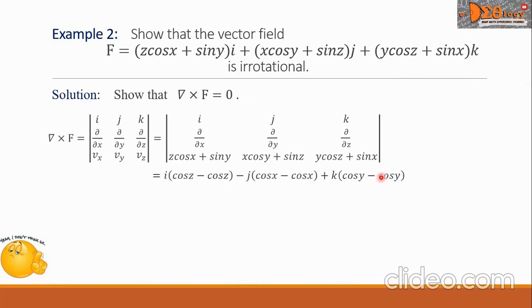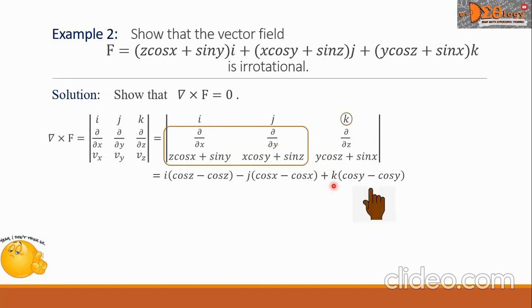Computing for determinants now, we have like this. We start with component i, and we take the partial derivative of this function with respect to y. And the answer is cosine z minus partial derivative of this function with respect to z. Minus now component j. We copy the j here, then we take the partial derivative of this function with respect to x, and we write here cosine x minus partial derivative of this function with respect to z, and the answer is cosine x.